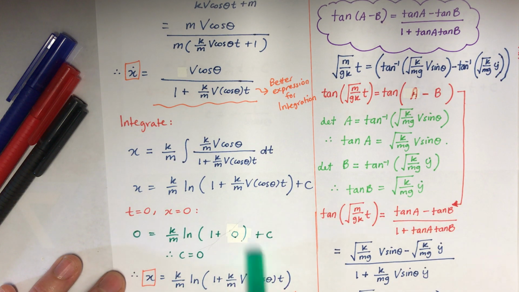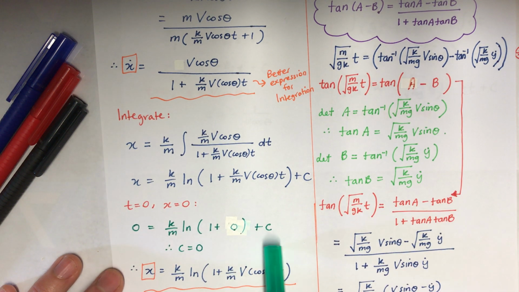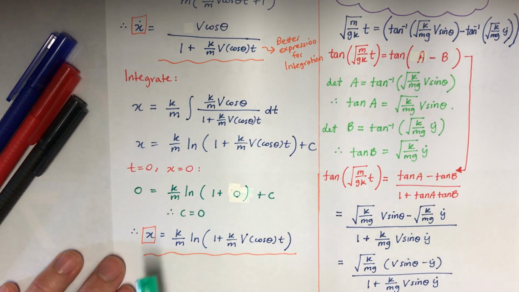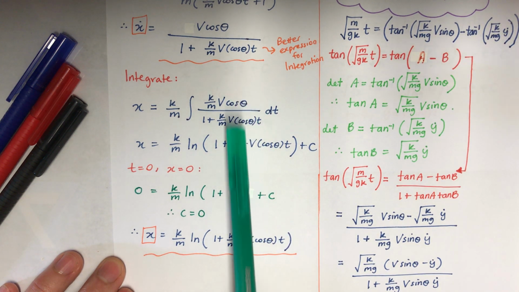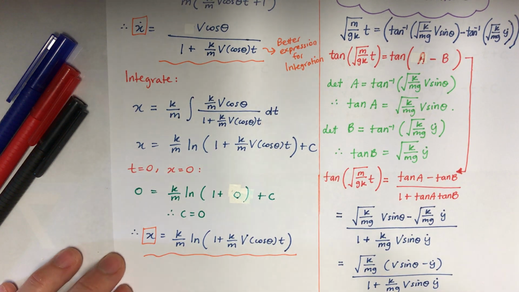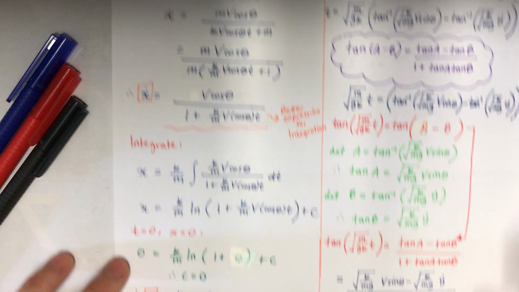After this, the condition is t equals 0, x equals 0, so I put it in and c equals 0. Why? ln 1 is 0, so the whole thing is 0. Nice. Then the displacement equals the whole thing, but no c. So we've got all the horizontal components right there.